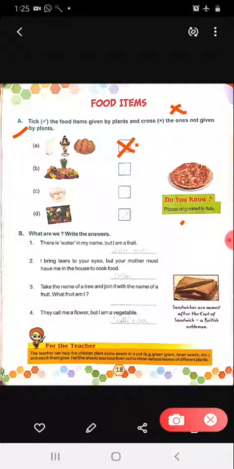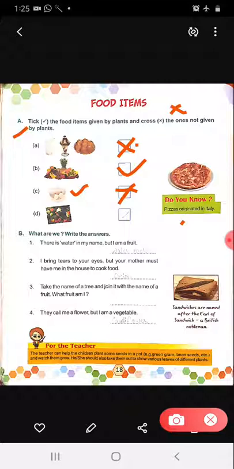So in this box we tick a right mark. Now the next, that is eggs. Eggs come from the hen. So eggs do not come from a plant, so in this box we make a cross mark.